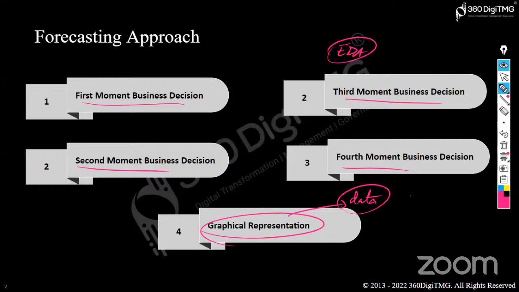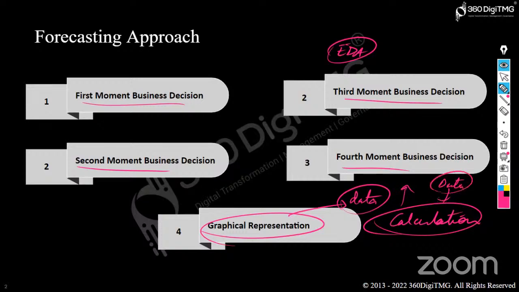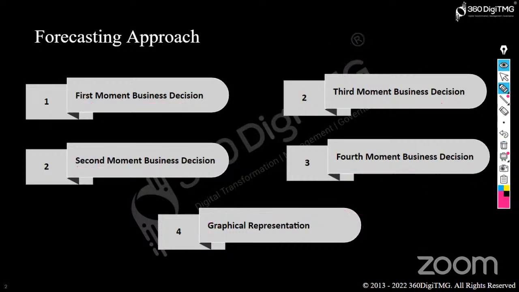If the data is huge, we are not able to understand what the data is talking about, so we go for some calculation process. For those calculations, the data needs to be pre-processed and cleaned. Okay, so we'll go one by one and try to understand.